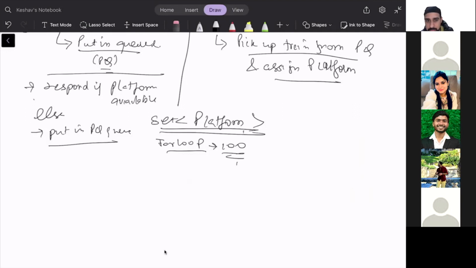Can we do it like this: one set of platforms, as Divyansh said, that we can manage. For the initial case when there is no train and all the platforms are available, we enter all those platforms into this set. Whenever a train comes and the request executes, it first checks the set. If the set has some platforms available, it assigns one to the train.